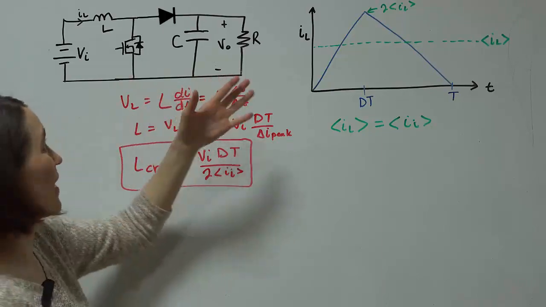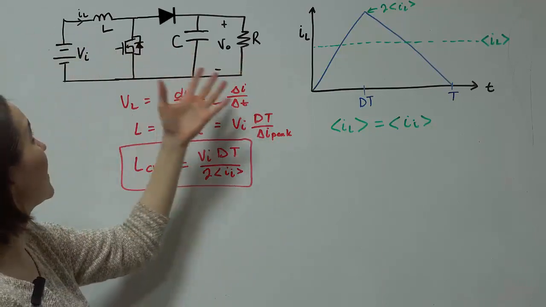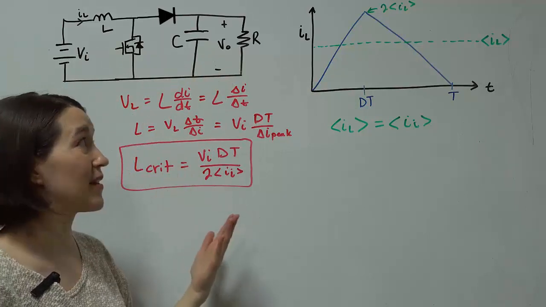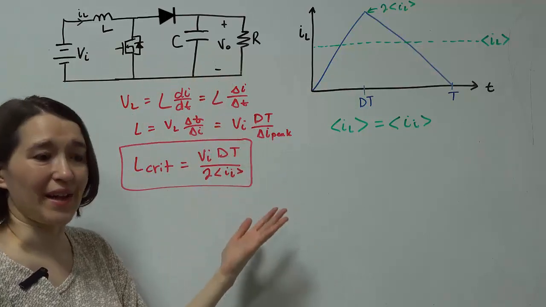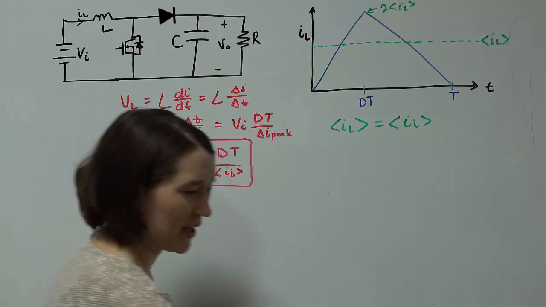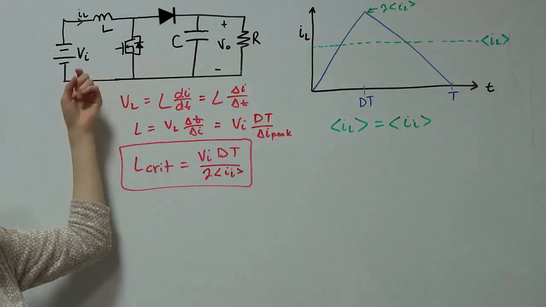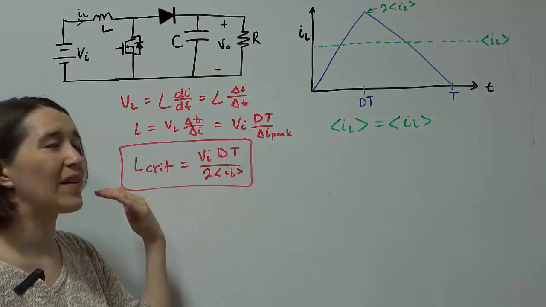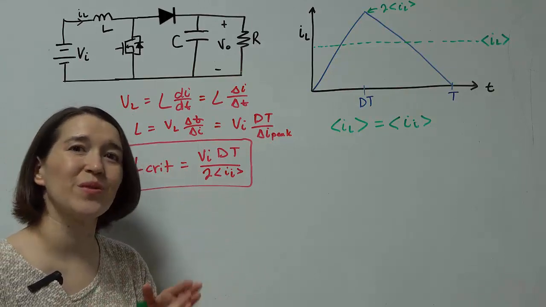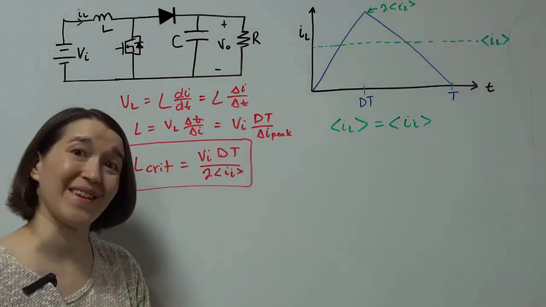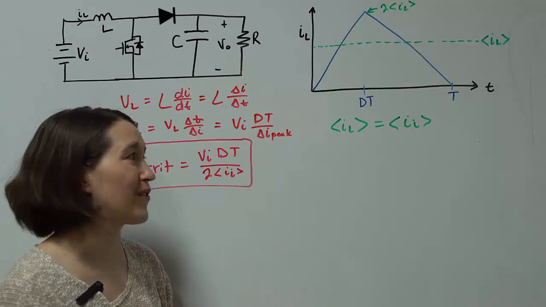If you're not sure what that is, for example, you have this circuit and you're not given the input current explicitly, then you just have to calculate it, but we can do that really quickly. To get the input characteristics, you have to assume the input power and the output power are the same, which means it's an ideal converter.